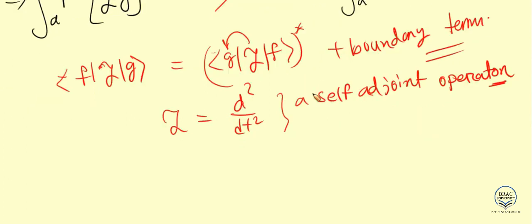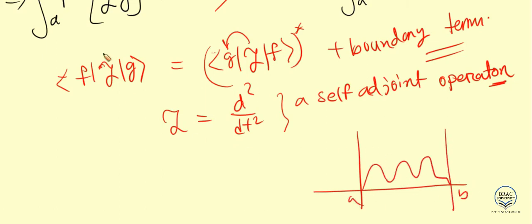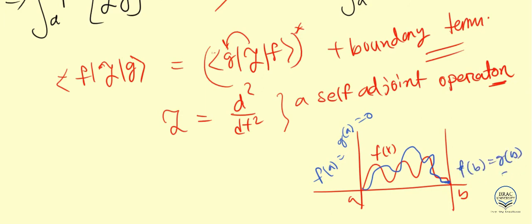So if you define your functions, let's say this is your a, this is your b, and this is your f. It looks like a wave, so this is, let's say, f of x, and you have your g of x like this. So you can see that f of a equals to g of a equals to 0. Similarly, f of b equals to g of b equals to 0.